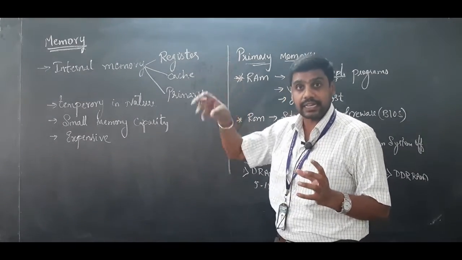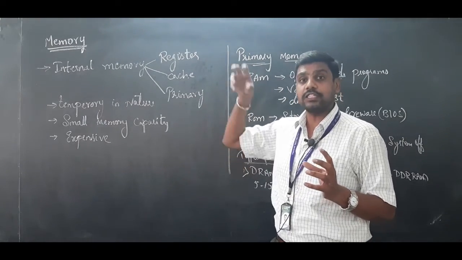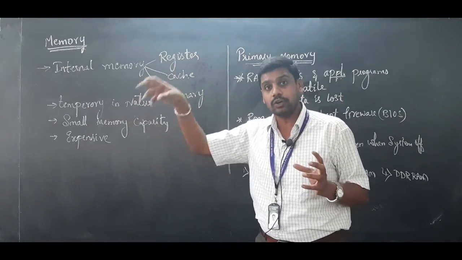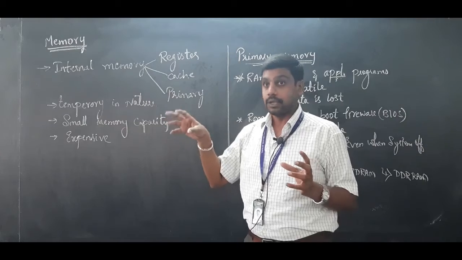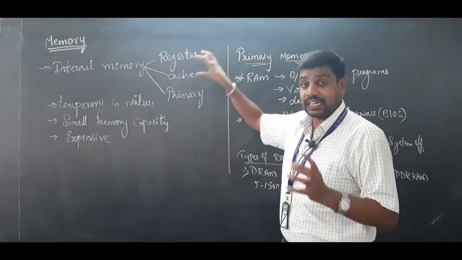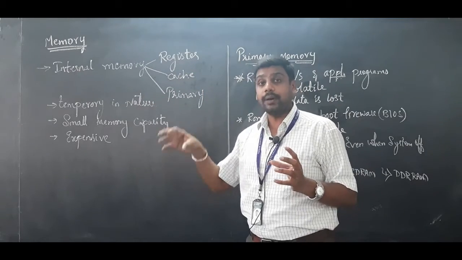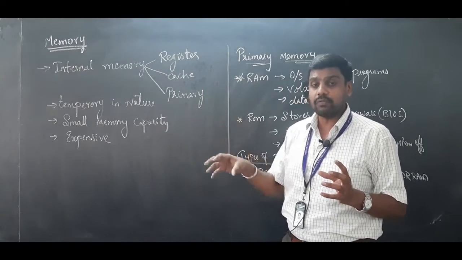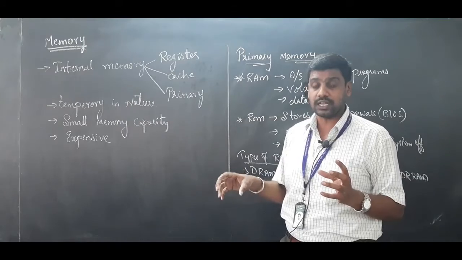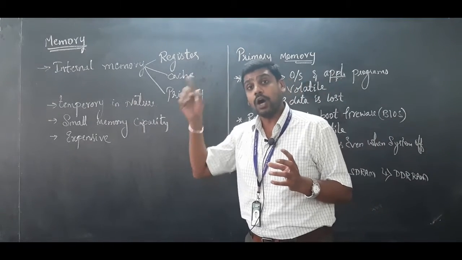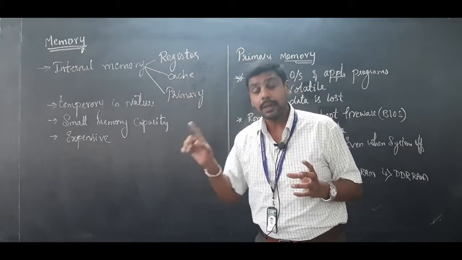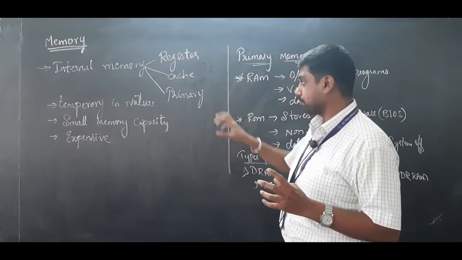If the related data is not available, then it moves on and finds that data in the RAM. L1, L2, L3 are the three types of cache memory available in the market, but L1 is placed on the processor, and L2 is placed outside the processor, but on the motherboard.